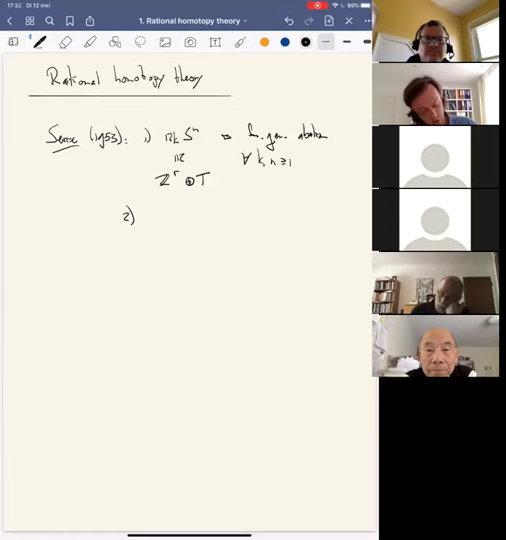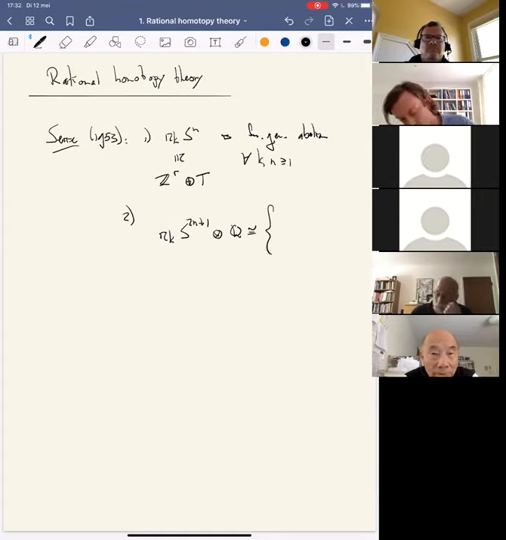So to be precise, he showed the following result. If you look at the homotopy groups of, let's say, an odd sphere, and you tensor them with the rationals, in some sense it looks like the answer you'd expect if you thought that spheres were Eilenberg-MacLane spaces. So you get Q in the degree where it should be, and you get 0 otherwise.